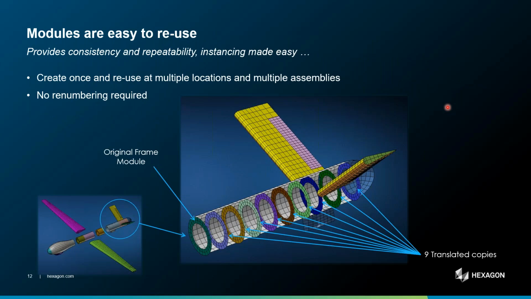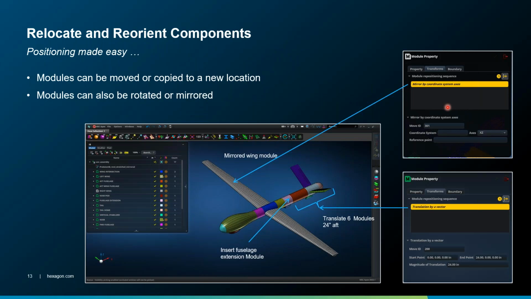Modules are easy to reuse, so it provides consistency and repeatability in the fact that I can reuse. Modules allow instancing made easy. I can model a component once, reuse it at multiple locations, as well as in multiple assemblies, and no renumbering is required. I can relocate and reorient, so modules can be moved or copied to a new location.